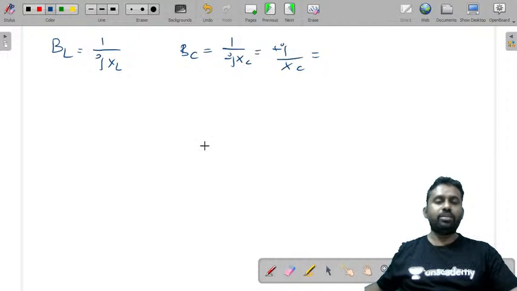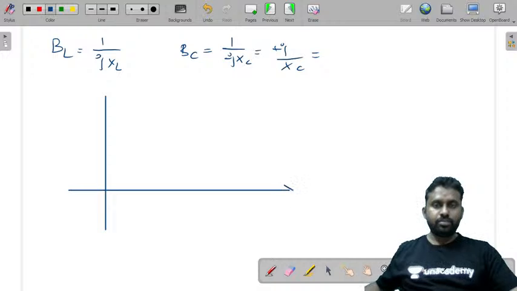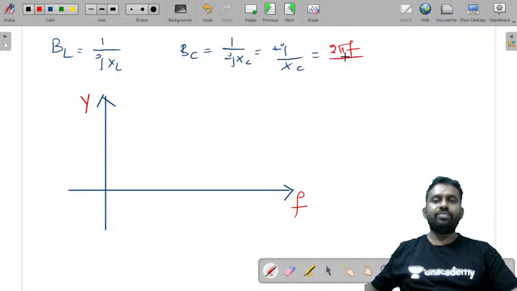If you plot Y with respect to frequency F, then BC is 2 pi FC, directly proportional to the frequency.